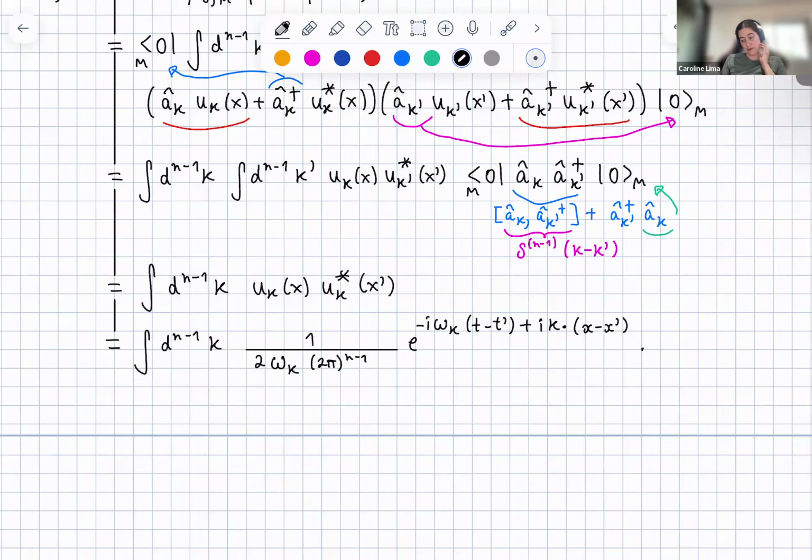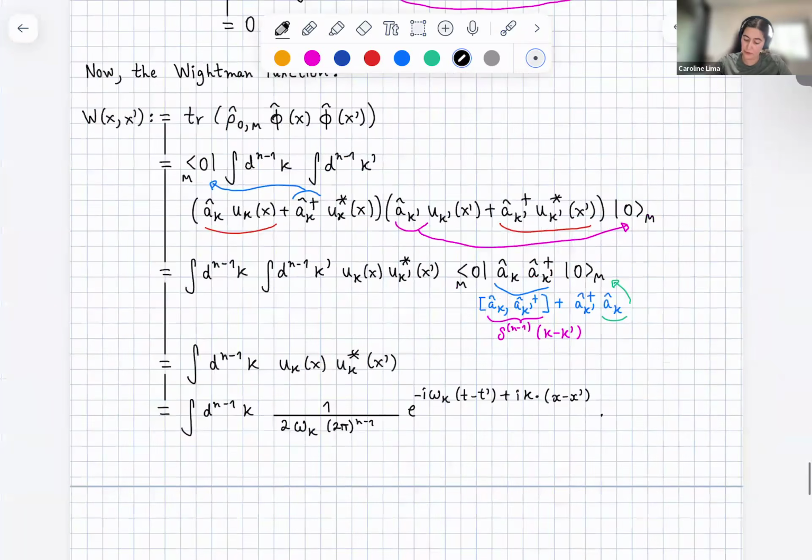And that is the final result for this 2-point function, the Wightman. Okay. Questions here?